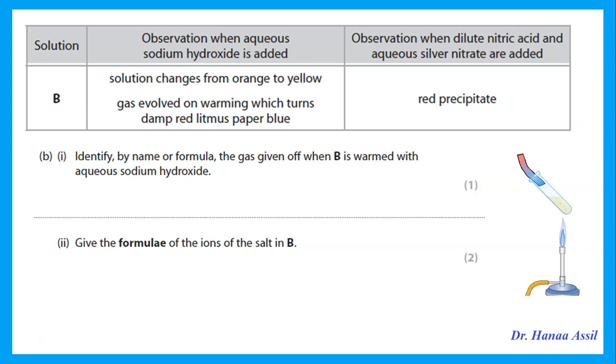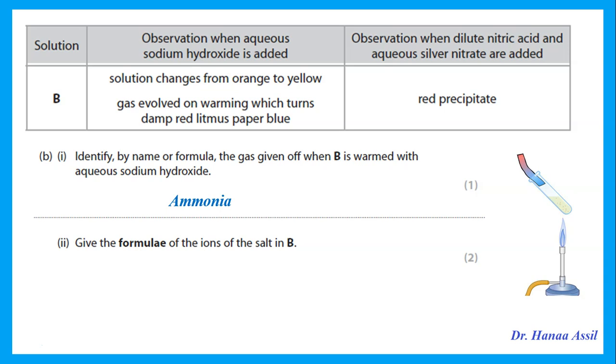He's saying identify the gas. That is ammonia. So that means that my salt, I added sodium hydroxide and warmed gently, I got ammonia gas. And that means that my cation must be ammonium.